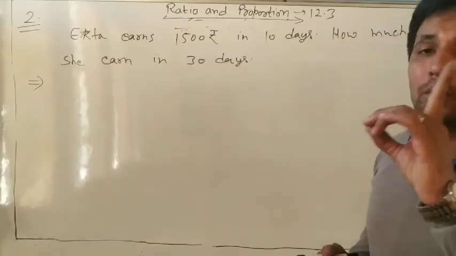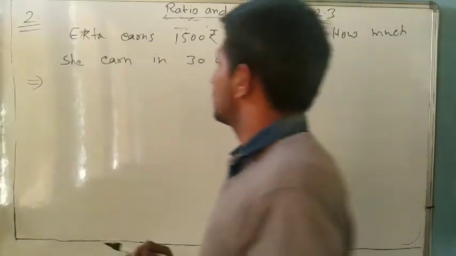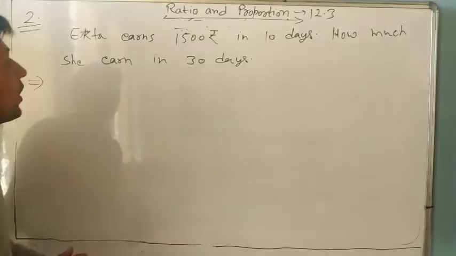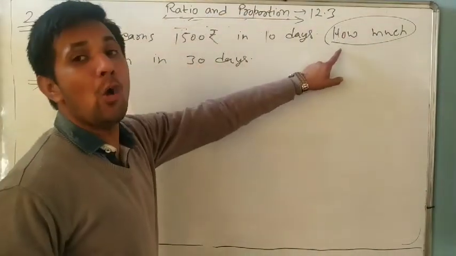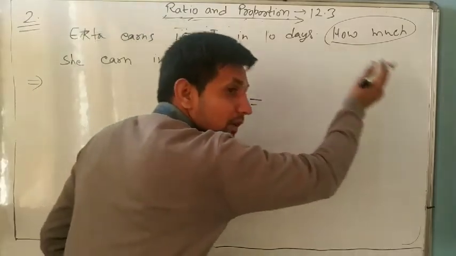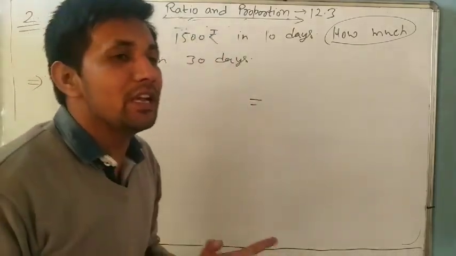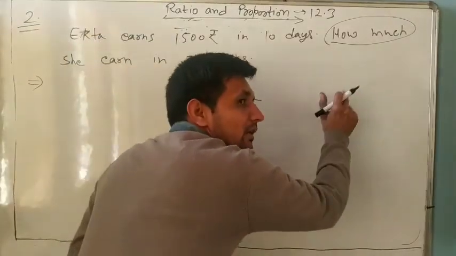So first we find the value of 1 unit. Always remember one thing: whatever we want to find, we write after the equal sign.